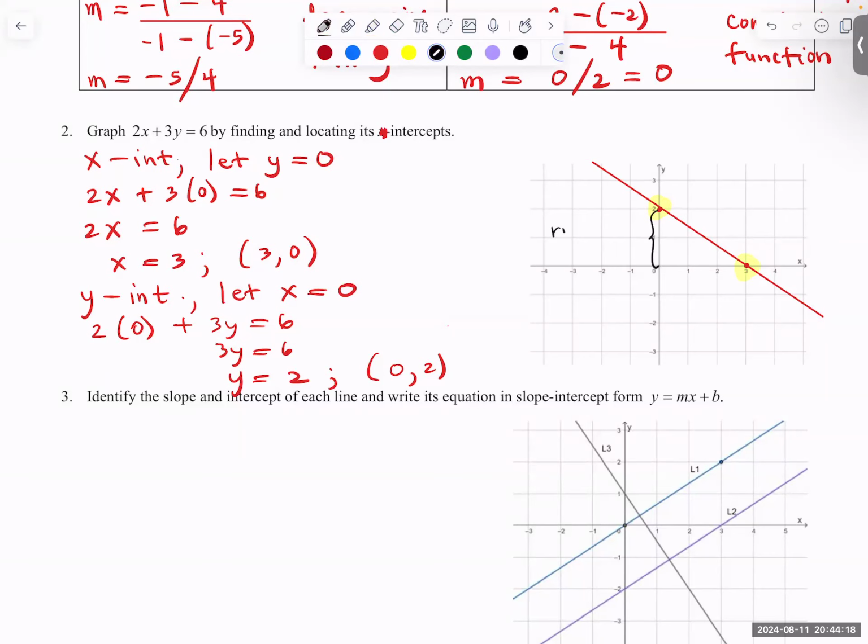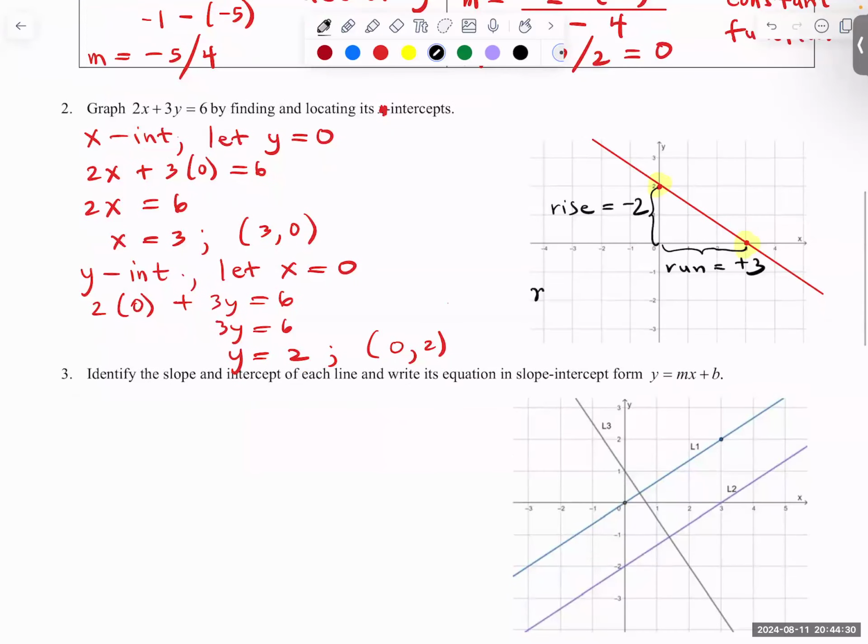So the rise is -2 units, and the horizontal run is to the right. So the run is +3 units. So the slope, which is the ratio of rise divided by run, is going to be -2 divided by +3.